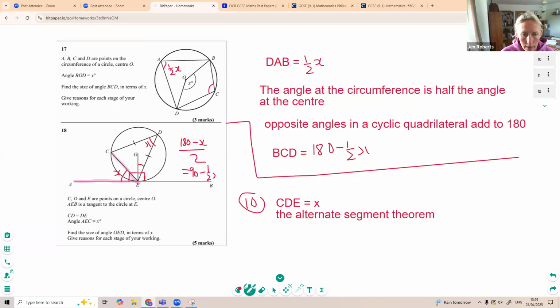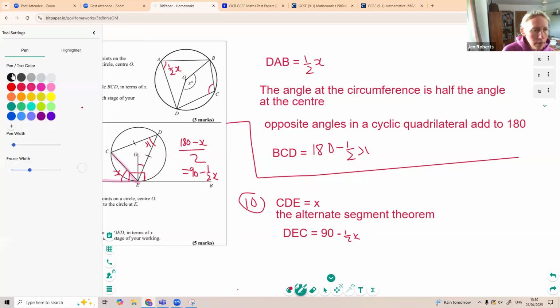So I can say DEC equals 90 minus half x. Just mark that on in a different colour.